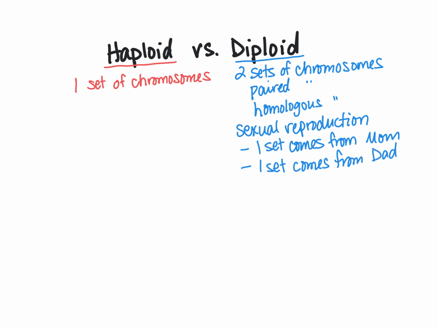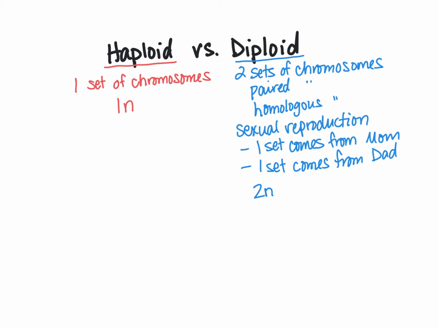Now with organisms like fungi, we don't really have a mom and a dad, but we have one set that comes from one fungus and another set that comes from a genetically different fungus. We typically write haploid as 1N, and diploid we refer to as 2N.